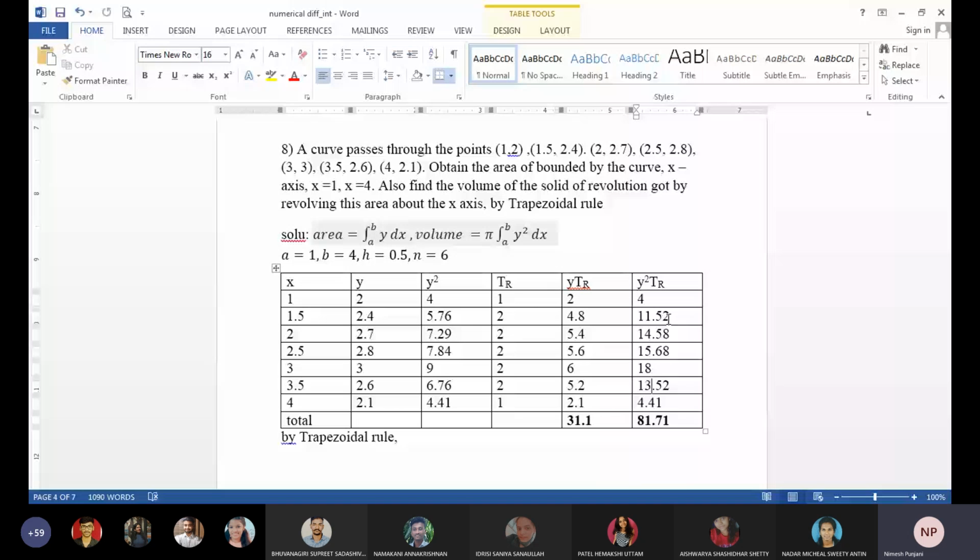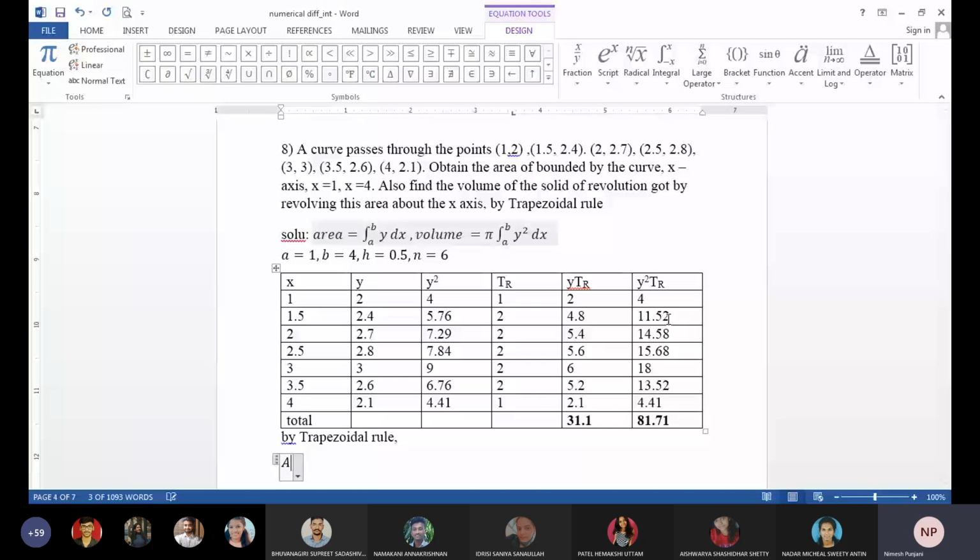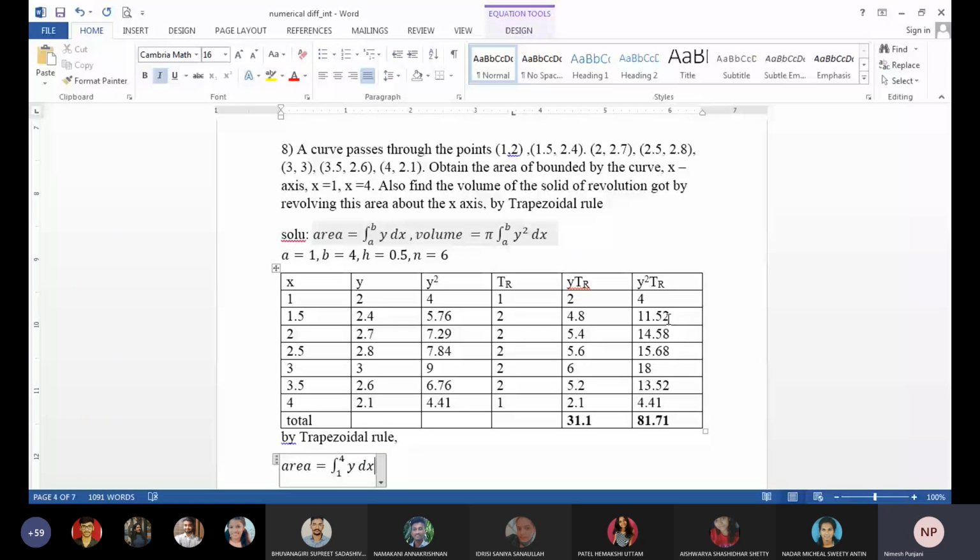Now using the trapezoidal rule, first we will calculate the area. Area is integration 1 to 4 y dx.